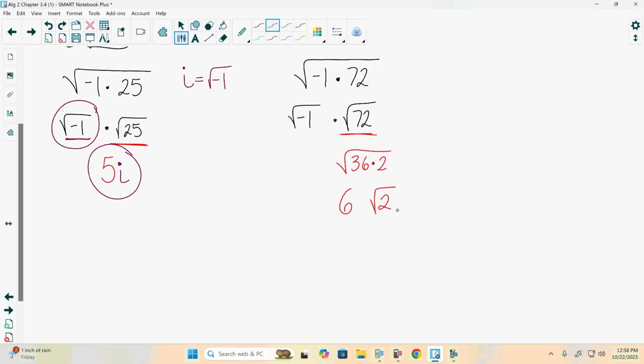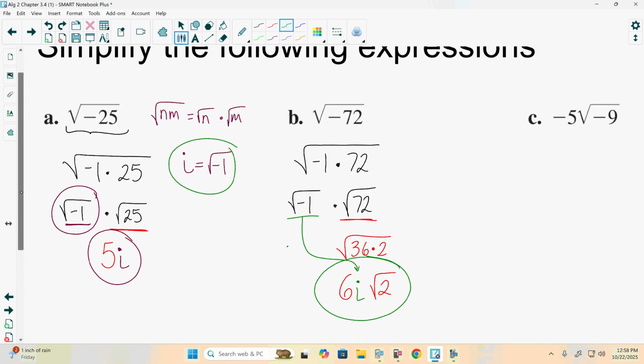And we can't take the square root of 2, so it's just the square root of 2. Now, by definition, square root of negative 1 is i. So our square root of negative 1 simplifies to i, telling us that the square root of negative 72 is 6i square root of 2.